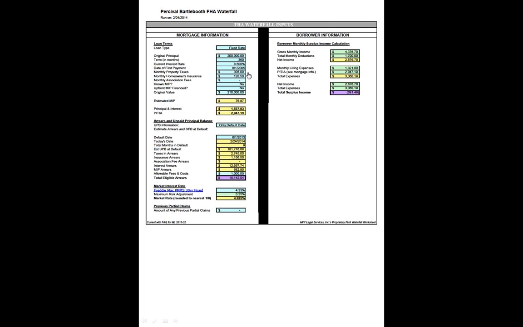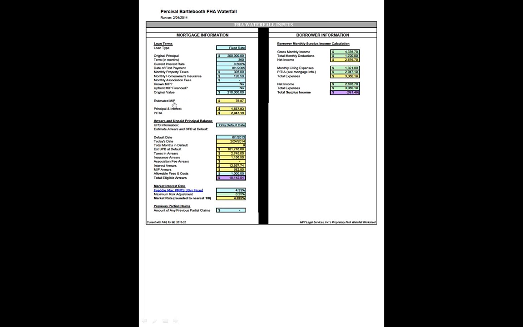We have taxes and homeowners insurance listed. One fun thing about this is that every FHA mortgage generally at least starts with a mortgage insurance premium, which is the payment to FHA for mortgage insurance. The premiums for this are calculated according to a formula. So of course, it's always better to know what the monthly MIP is.